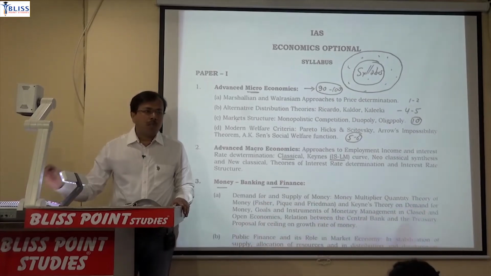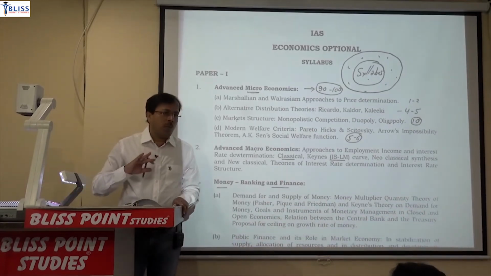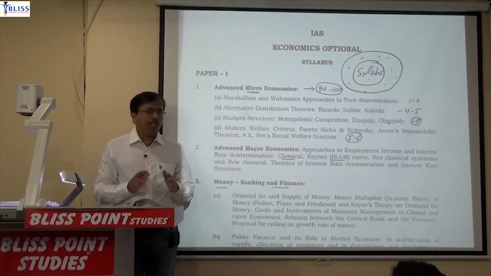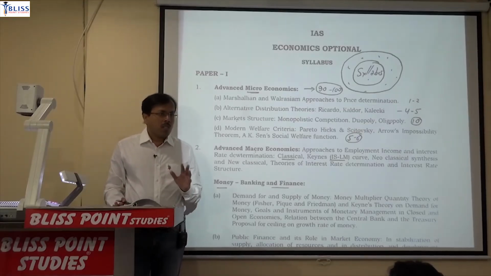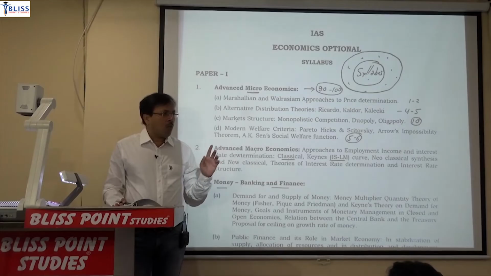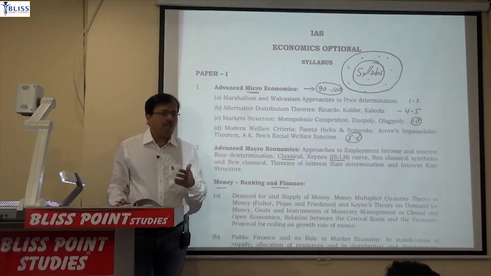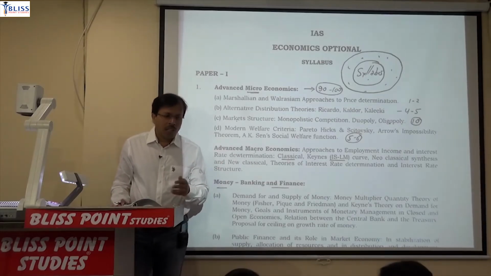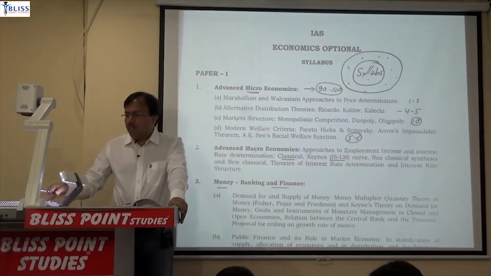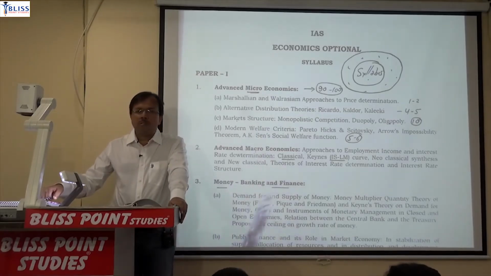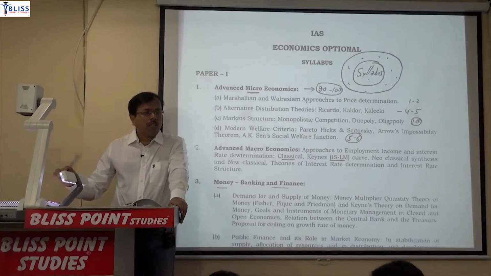Usually it is section A in paper 1. Paper 1 is divided into 2 sections. Section A will have micro, macro and money and finance, but the paper does not rigidly follow this. Like in the current year's paper, in section A there are questions from growth and development, and in section B there are questions from micro and macro.